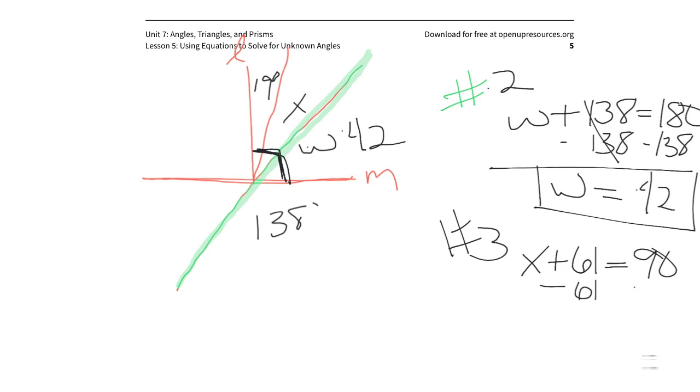Minus 61, minus 61, X equals 29. Okay, and there you have it. Let me just double check to make sure I told you right. Yep. Okay, so that's the lesson for today.